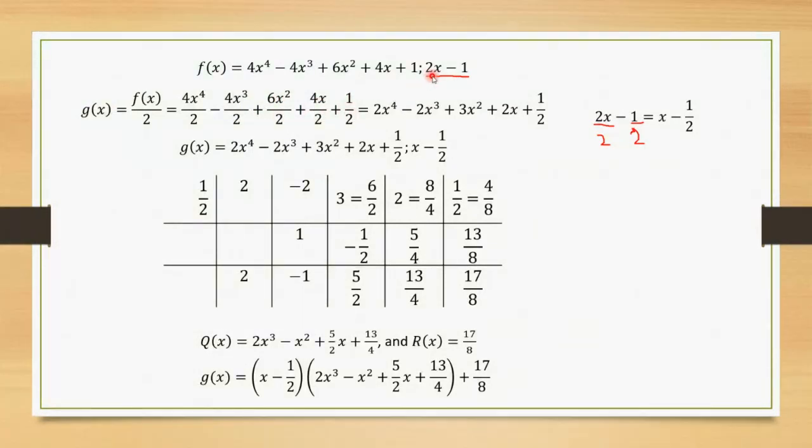Again, we're dividing by this leading coefficient 2, because we want to do synthetic division. For synthetic division, it has to be x minus something, not 2x minus something.